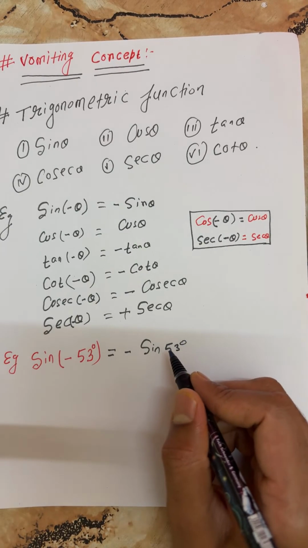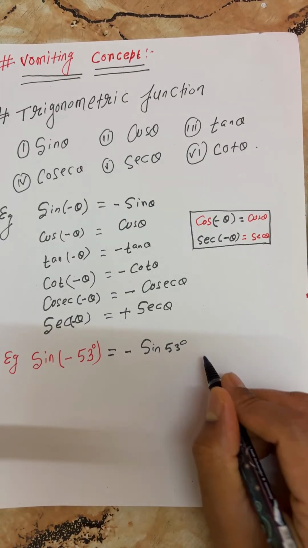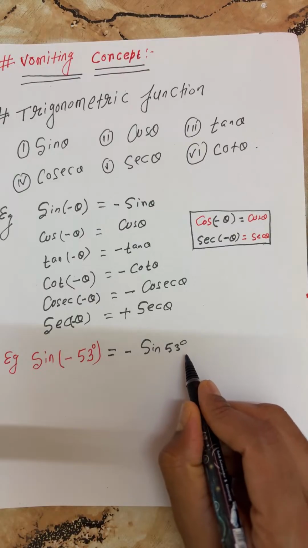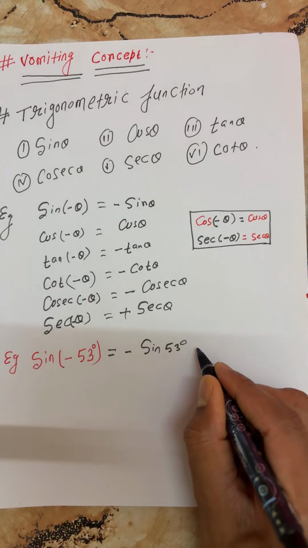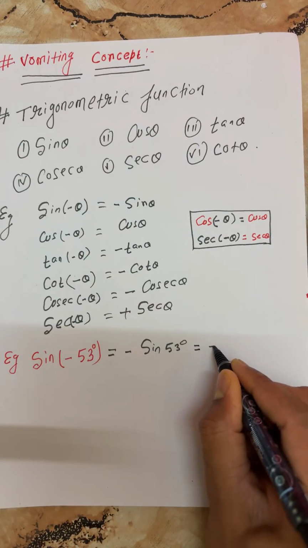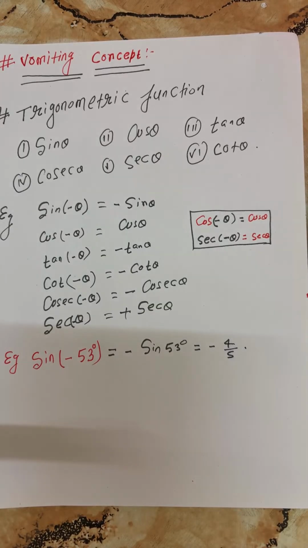Sine 53 I said here is 4 by 5. So you can say this is minus 4 by 5.